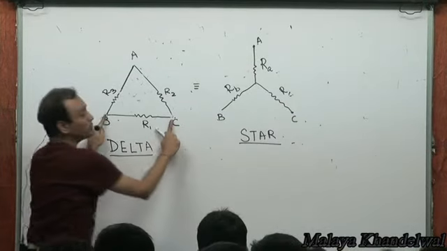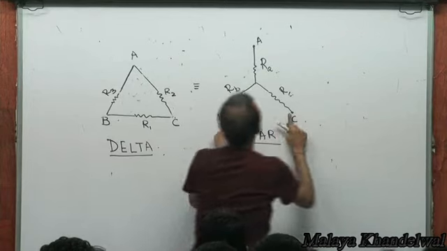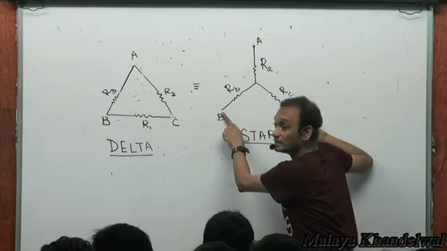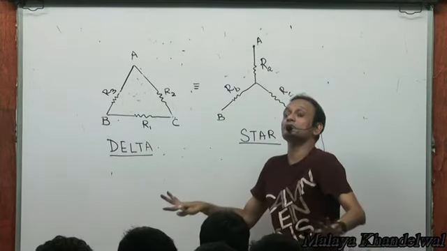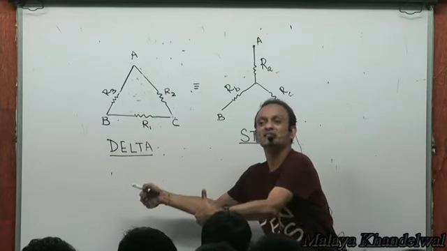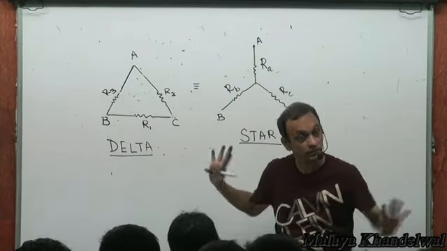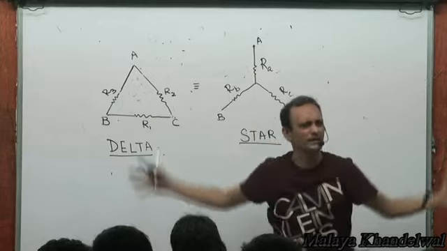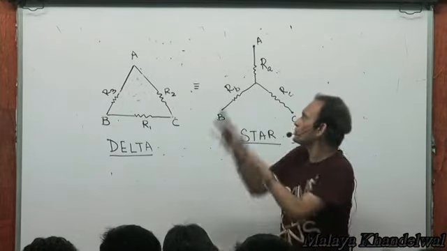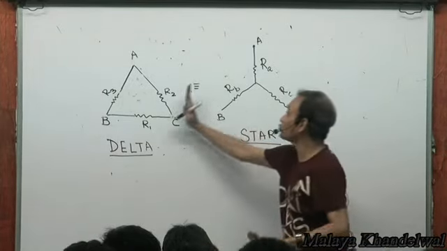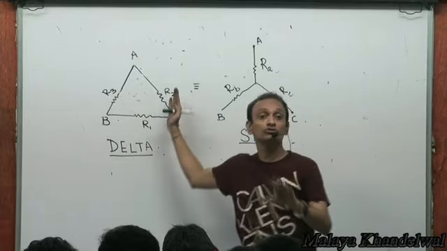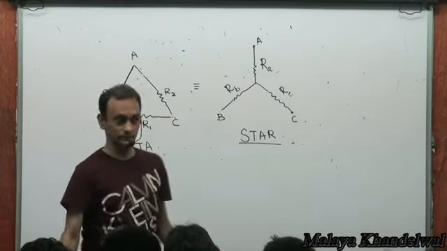The resistance between B and C here must be the same as the resistance between B and C here. That will create electrical consistency towards equivalence of these two networks. These two elements are part of a bigger network, say. ABC could be just junctions. And I want to convert this to this or this to this, depending on what is required.